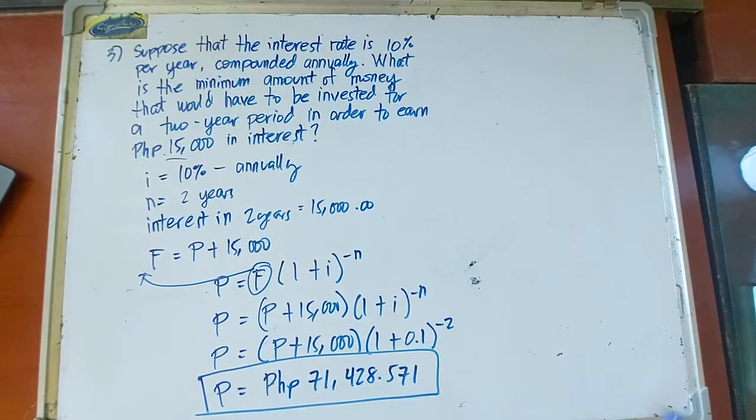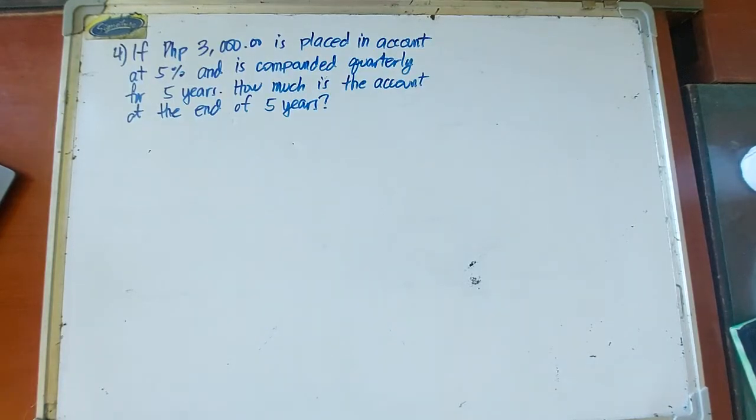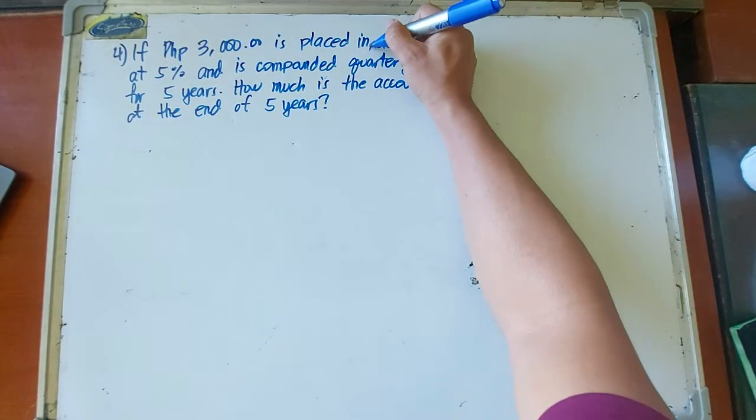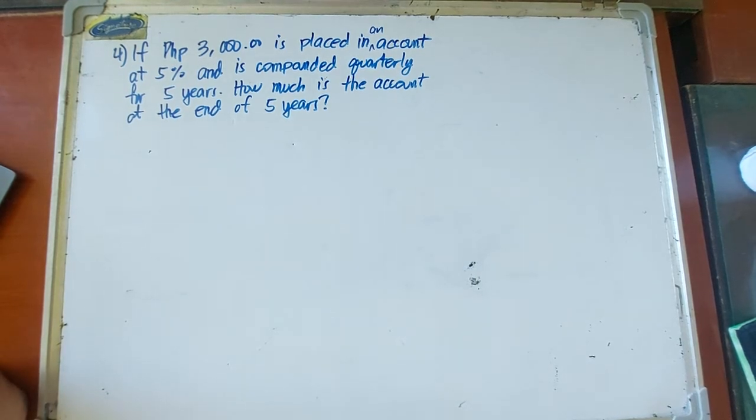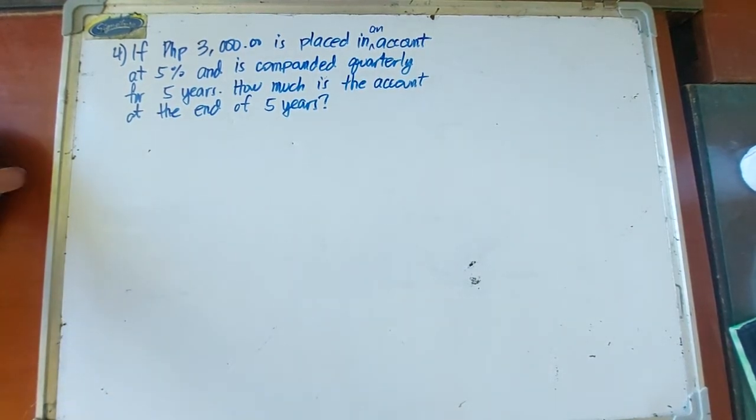Okay? So that is problem number 3. Next is problem number 4. If 3,000 pesos is placed in an account at 5% and is compounded quarterly for 5 years, how much is the account at the end of 5 years?